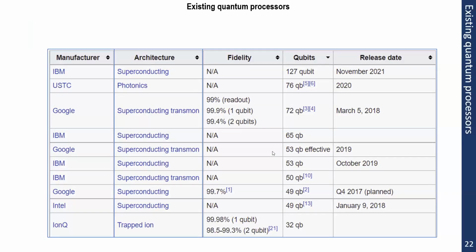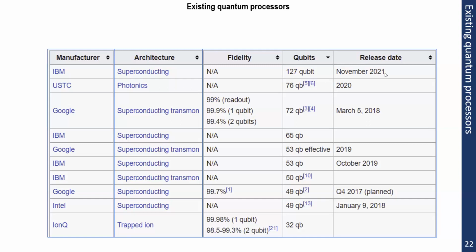So in terms of existing quantum processors today, I took this slide from my last year's presentation, and at that time, the state of the art was 127 qubits by an IBM quantum computer.